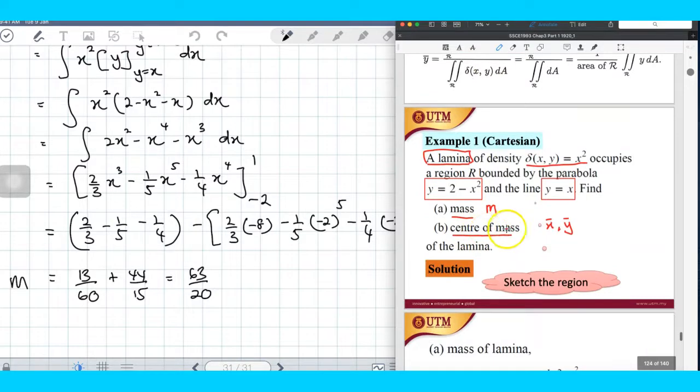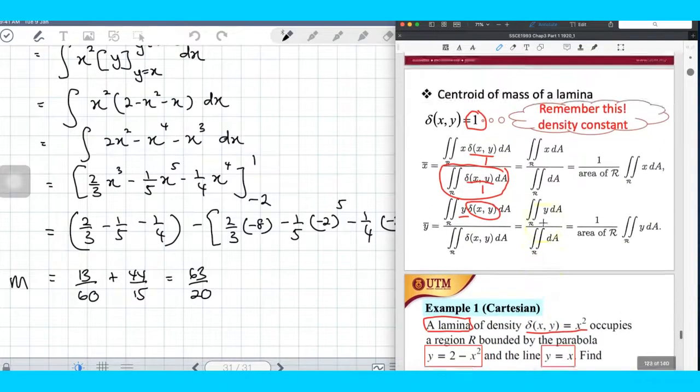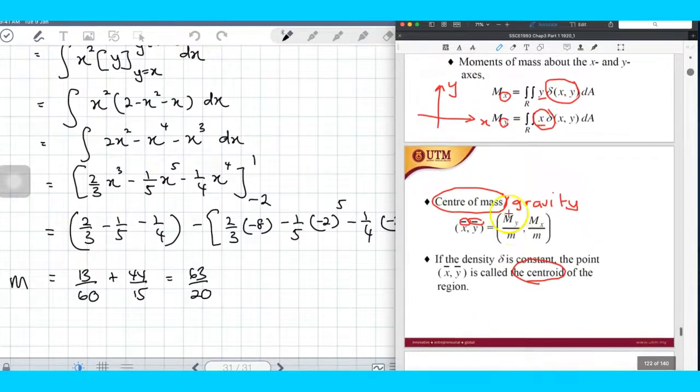Now the second question asks for the center of mass, where you have to provide x bar, y bar. When you look at the formula, you first have to get the moments of mass, because the mass is already obtained.